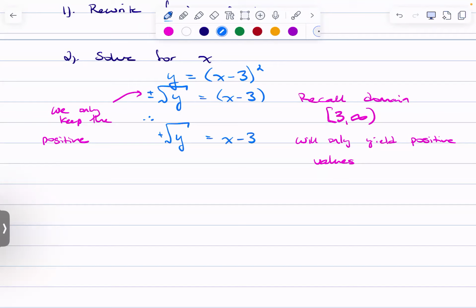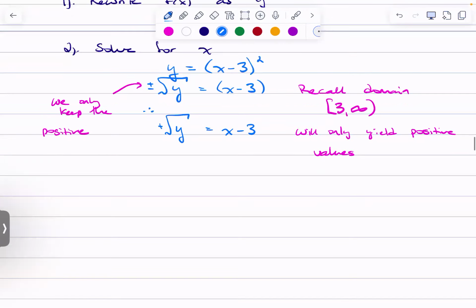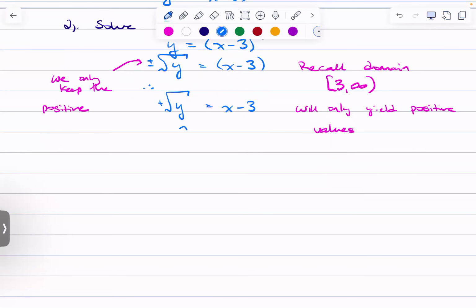I'm still solving for x, but it's a little bit cleaner now than the plus minus. And so then I have x must be the root of y plus 3, or 3 plus root y if you prefer, if you don't want to have that root hanging out.